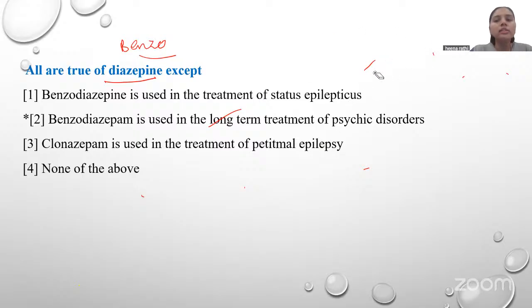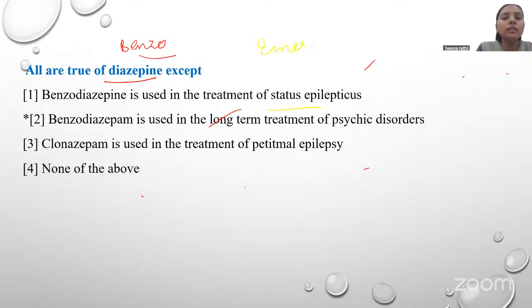Wherever the word status arises, status means continuous occurrence. If there is a continuation of attacks within 30 minutes, more than two attacks, then it is status epilepticus. It is an emergency condition.